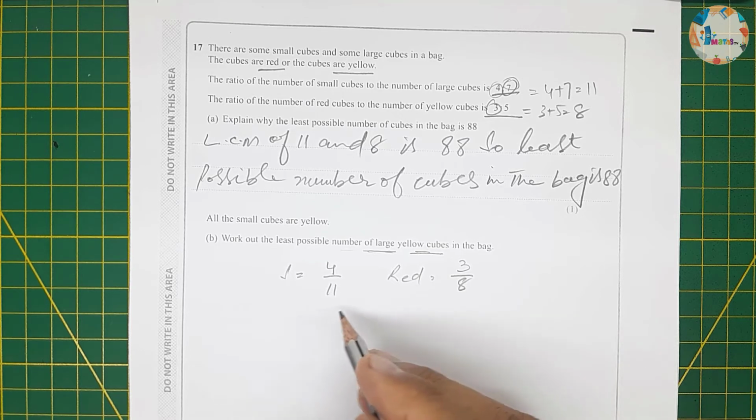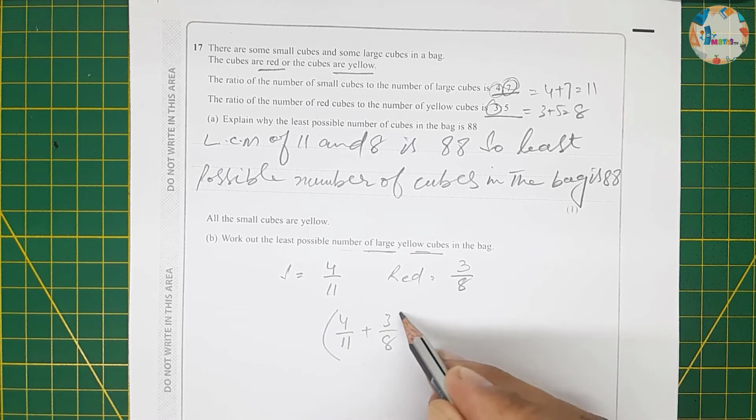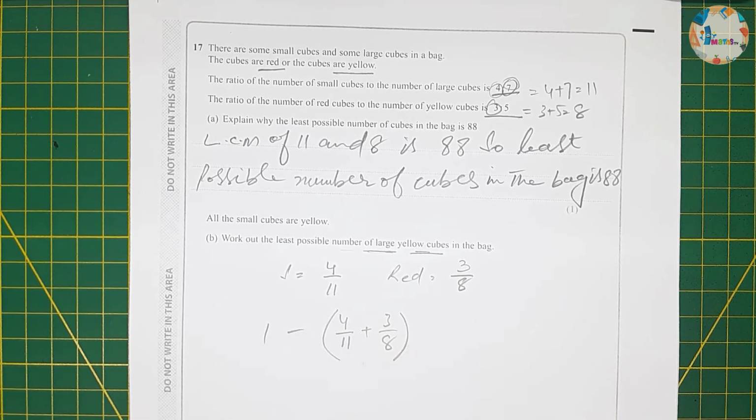If we combine, small and red will be 4 by 11 plus 3 by 8, and from the total probability we can subtract, so we write 1 minus (4 by 11 plus 3 by 8).